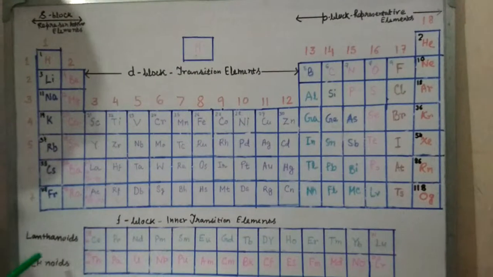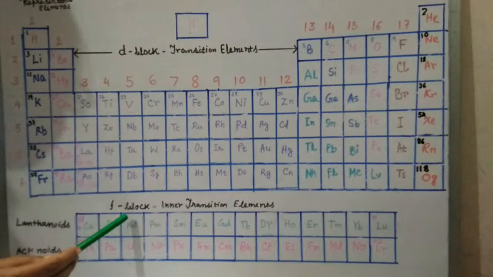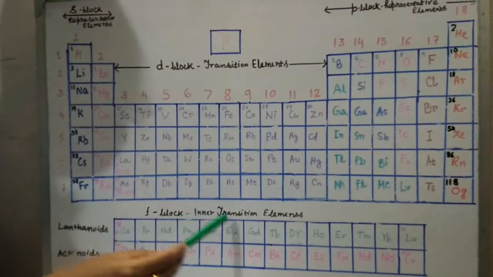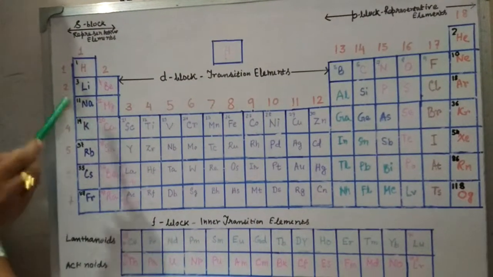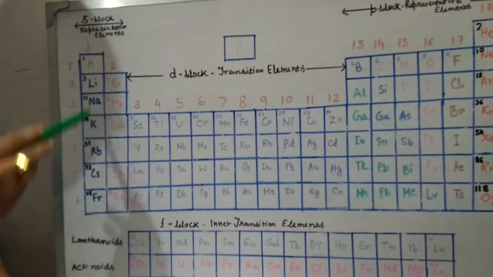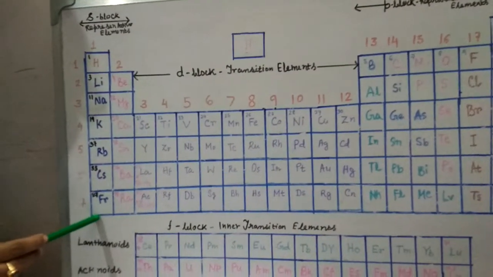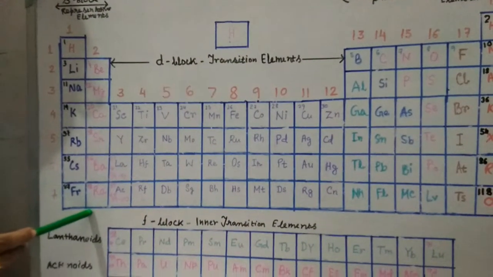Other than these d block elements, there are some other elements also. They are called f block elements, also called inner transition elements. Now you see that in group 1 we have the elements called alkali metals, and in group 2 we have alkaline earth metals.